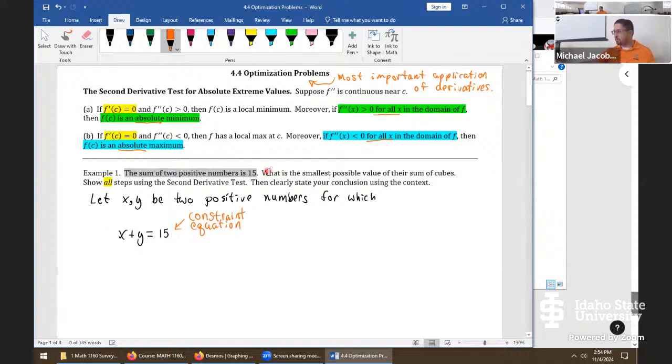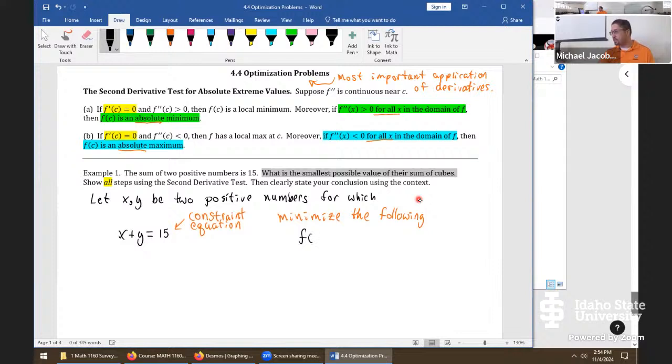Now the next part of the statement says, what is the smallest possible value of their sum of cubes? This is the quantity that we want to optimize. When it says smallest possible, we want to minimize the following. We want to use calculus, so the thing that we want to minimize should be a function.